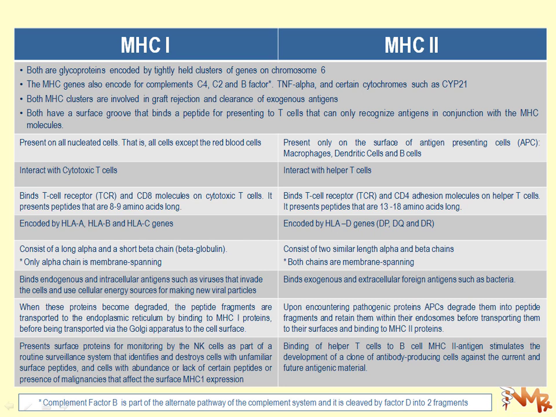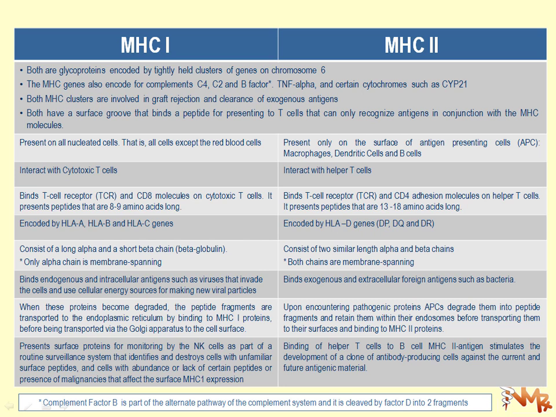We'll cover the complement story a little later down the road. But for now, I want you to know that in addition to the MHC1 and 2 genes, we also have genes for complements and some cytochromes on chromosome 6, in the same segment that encodes for MHC1 and 2.